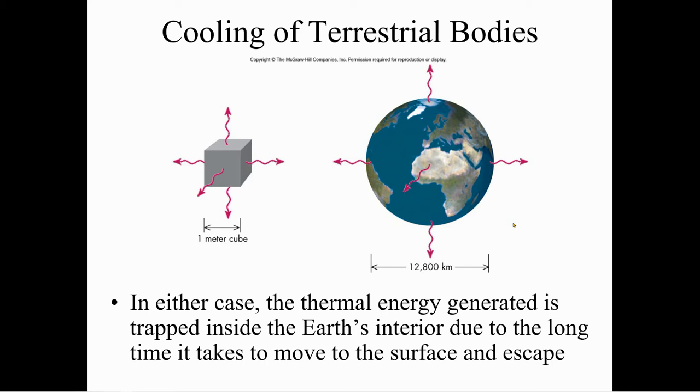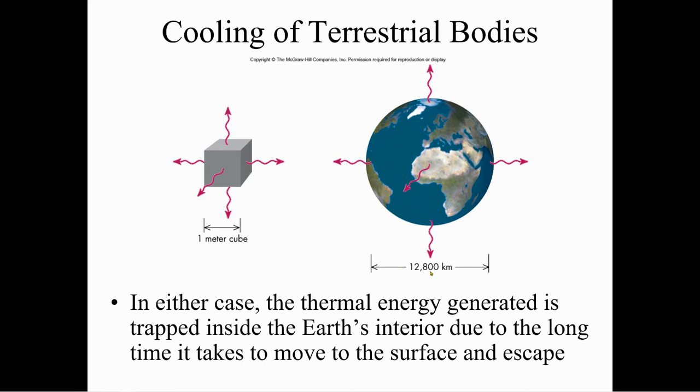So, the cooling of terrestrial bodies. How did the Earth cool off? It takes a long time, guys. In either case, the thermal energy generated is trapped inside the Earth's interior due to the long time it takes to move to the surface and escape. So it takes a long time to cool off. I'm not sure what this is here other than to say that a 1 meter cube is going to cool off a lot faster than this because the Earth is deep.